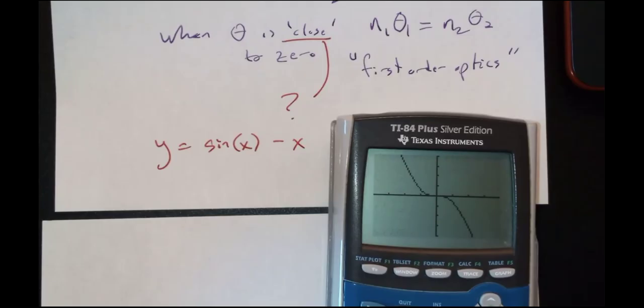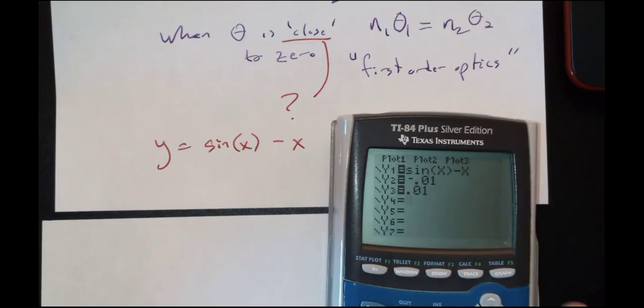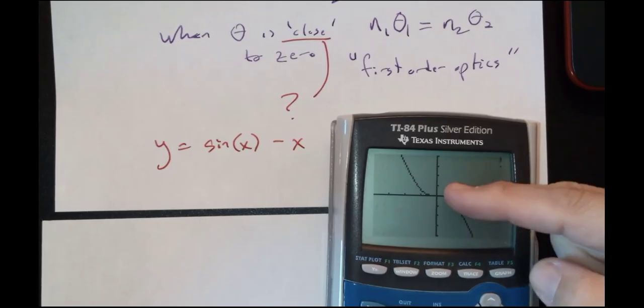I want to know what X values go with the Y value 1%. Just like our epsilon delta idea. I'm going to put in negative 0.01, and I'm going to put in 0.01. Now I'm going to have to change my window to see this properly because those values are really, really small, and that's 1.